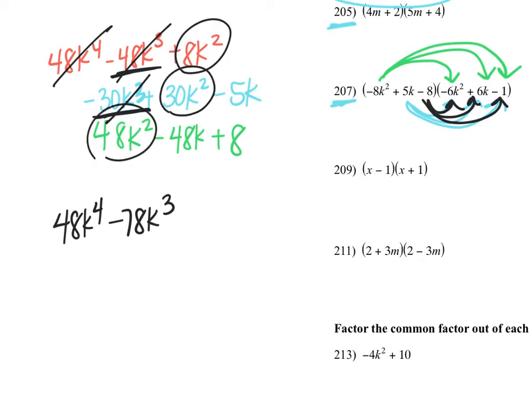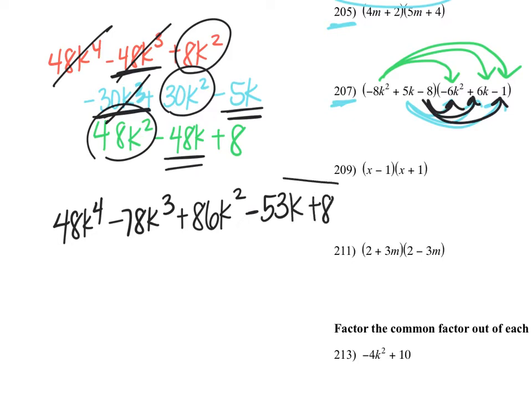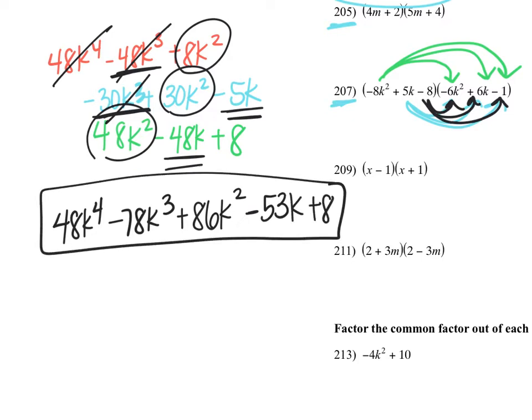So that would be 56 plus 30, so 86k squared. I'm going to underline the negative 5, underline the negative 48. So I get negative 53k plus 8. And this would be my answer.